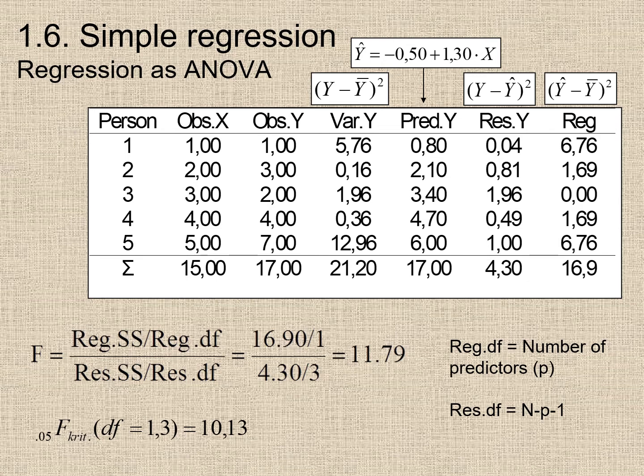What F ratio did we get? 11.8. What is the probability of this happening if it's 0% explained variance in the population? It's less than 5%. So what do we assume?